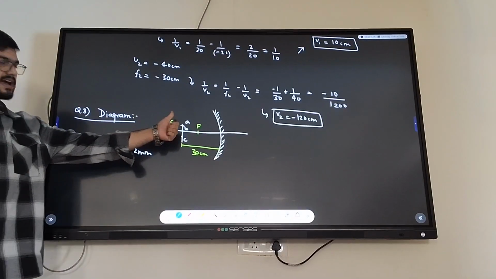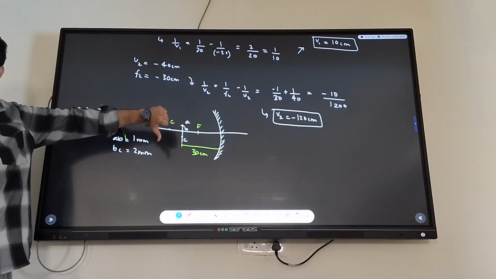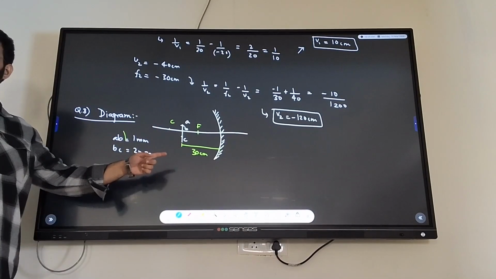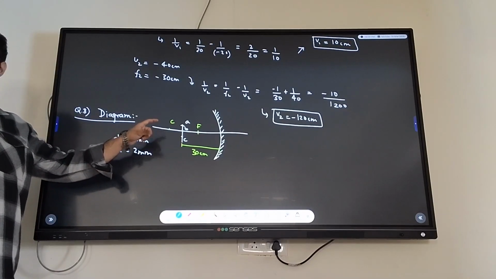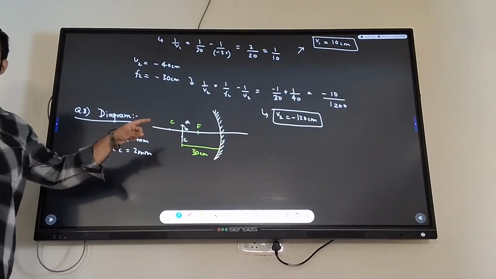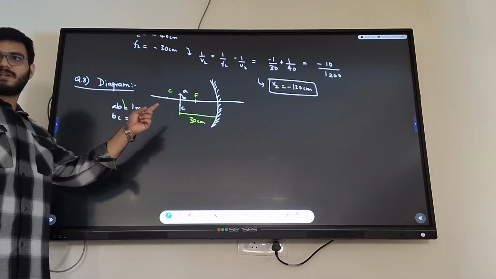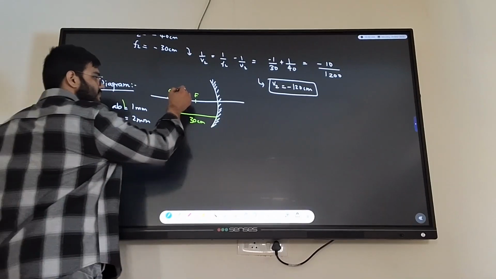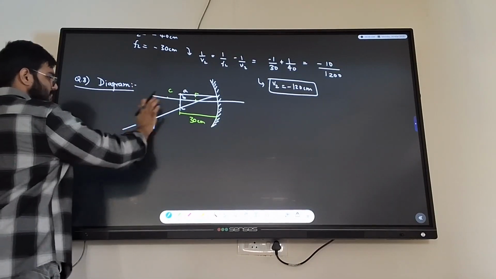So if you have the arrow like this, the image arrow should be like that. This is what you should hope to find. By the way, it's going to be enlarged. To make a perfect arrow, I should find the magnification. Can somebody tell me the ray diagram? For A, I can take something like this.